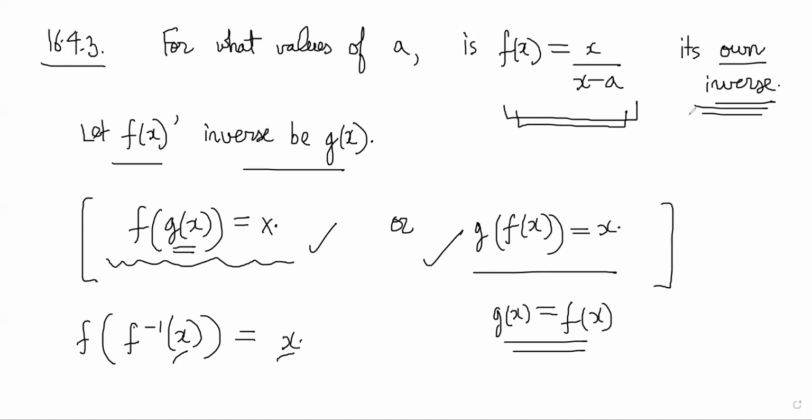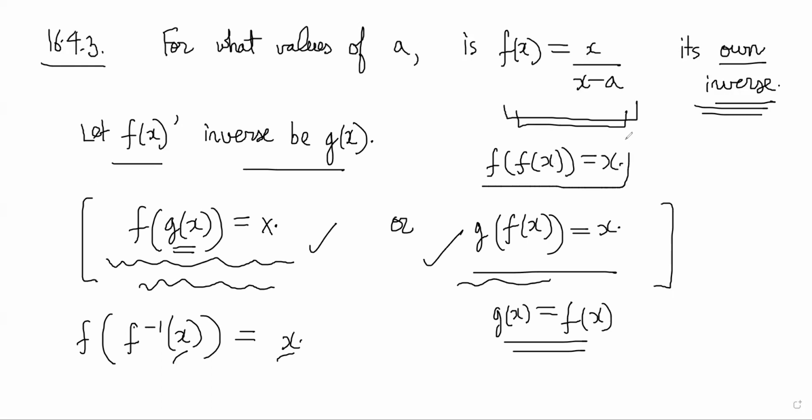So obviously that means f of g of x is equal to x, and g is the inverse of itself and it is the same as f of x. So this is the condition for a function to be its own inverse. When you give input f of x to the function, the output is the same as x.